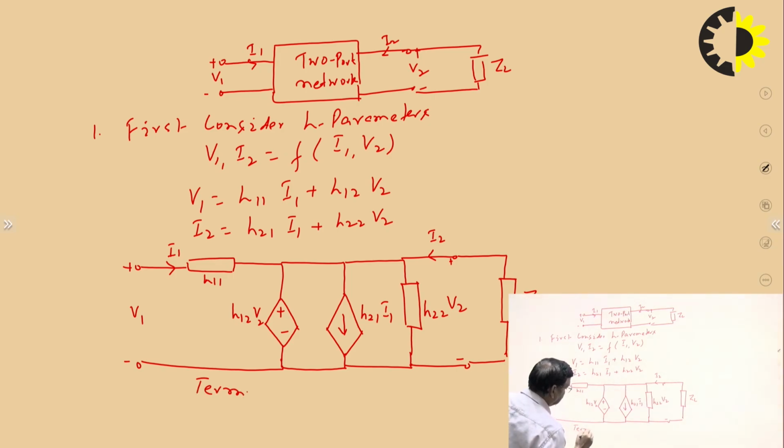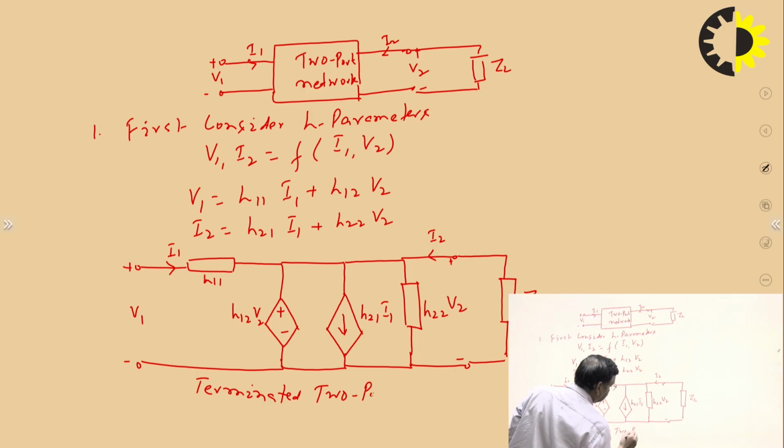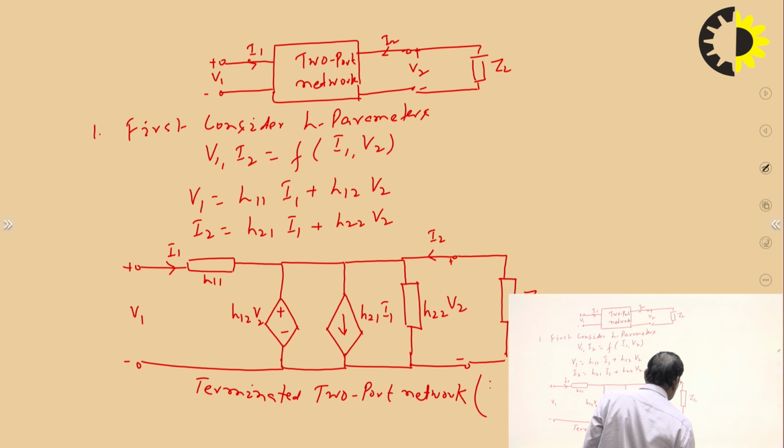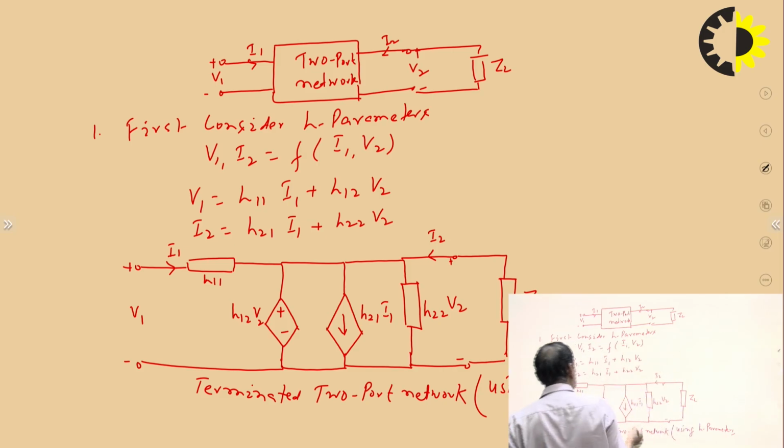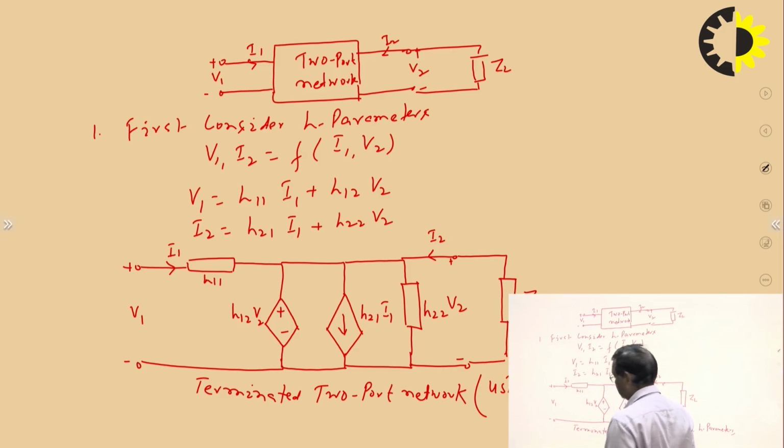Terminated two-port network using H parameters. So this is the equivalent circuit of H parameters, and this is the load. The output terminal is terminated by load ZL.